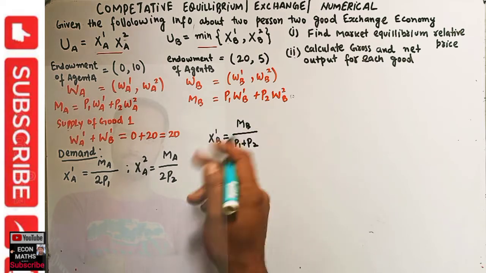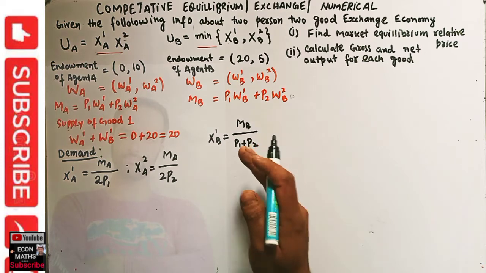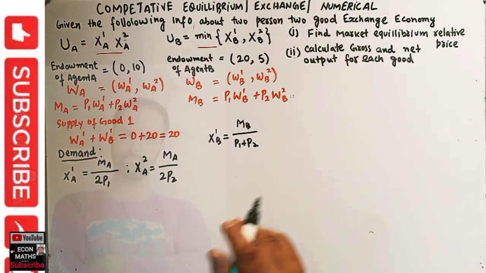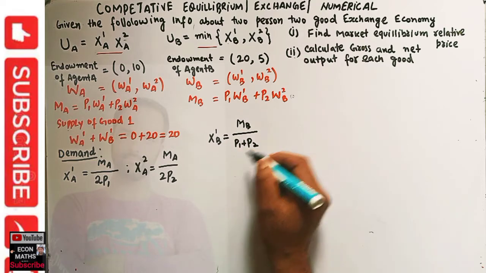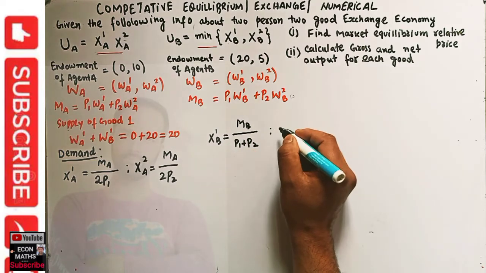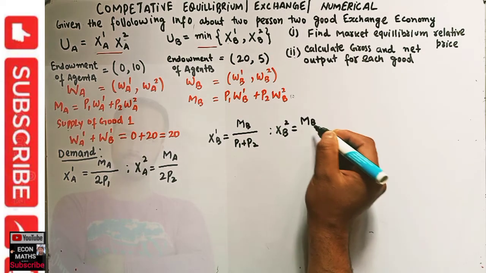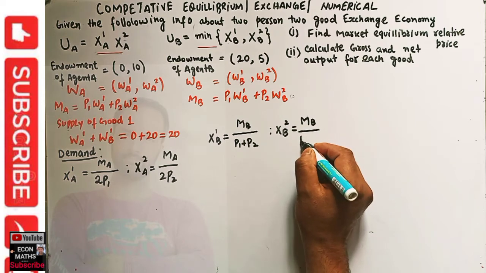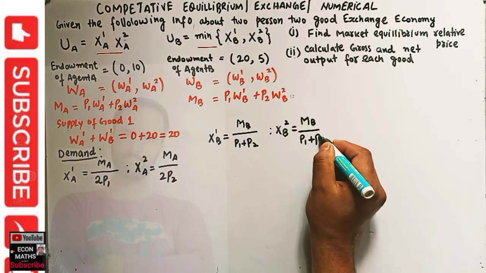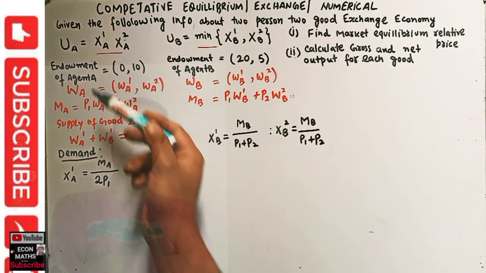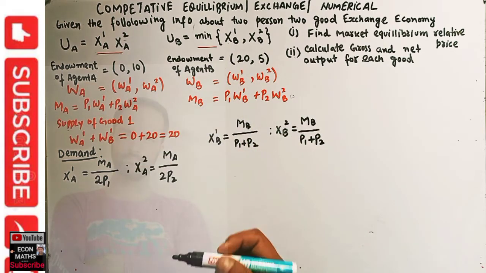Don't get confused, I will explain this in the last session of this video. Okay, and what is the demand for good 2 by person B? So let me write here, xb2 will be equal to total income of person B divided by P1 plus P2. So this is the demand function of the Leontief utility function. These are the demand functions of the Cobb Douglas type utility function.